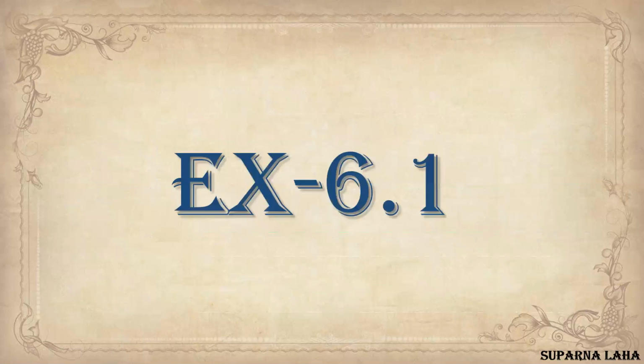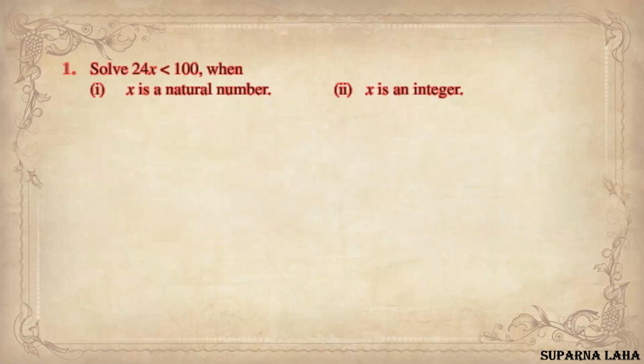So from this exercise 6.1, let us choose the first problem. Solve 24x less than 100 when x is a natural number and x is an integer. Okay, now if we are talking about x is a real number, that time also you can find out a set of numbers.